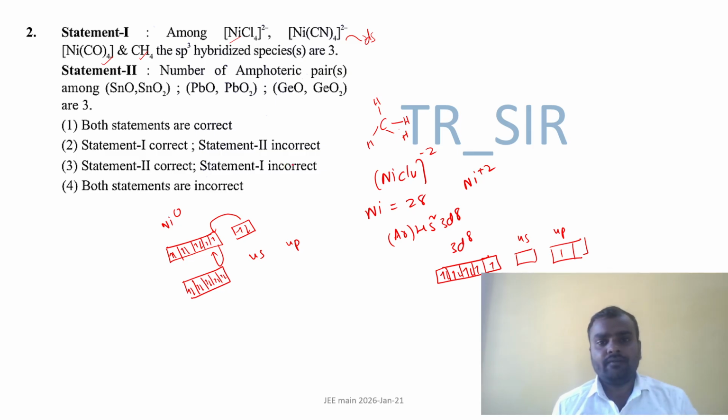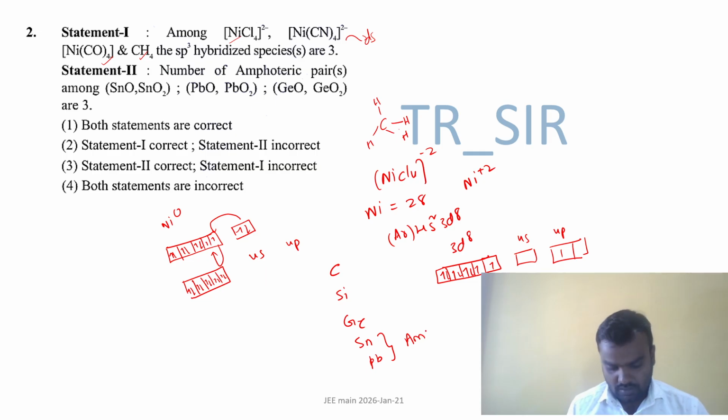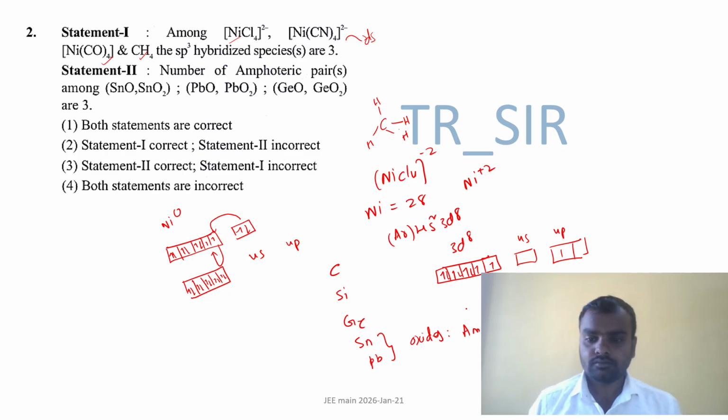Statement 2: the number of amphoteric pairs among the following. See group 14 of class 11, which is what this question is talking about. They have carbon, silicon, germanium, tin and lead. The oxides of these two are always amphoteric in nature, whether monoxide or dioxide.